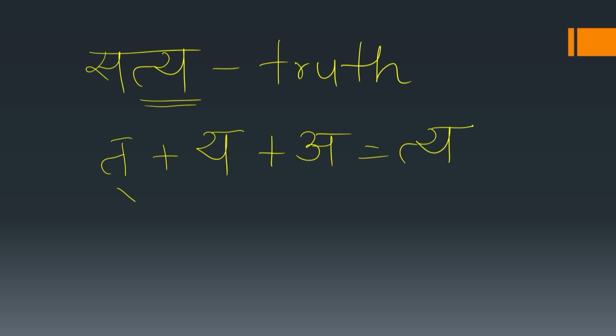So here we have 2 consonants, ta and ya, but the first consonant is half and then we have ya, which is full. The pronunciation is full. Satya. Tya is a conjunct here.